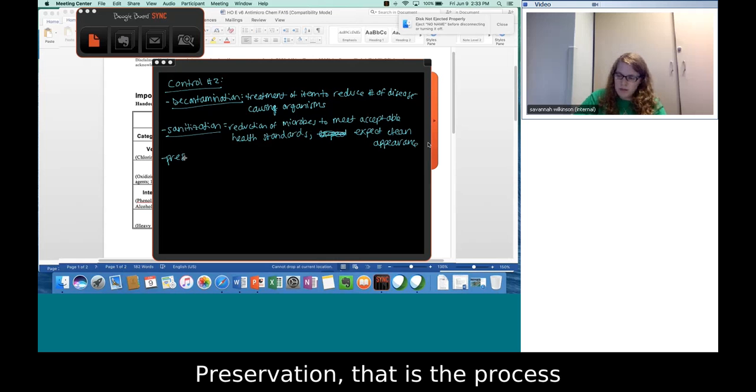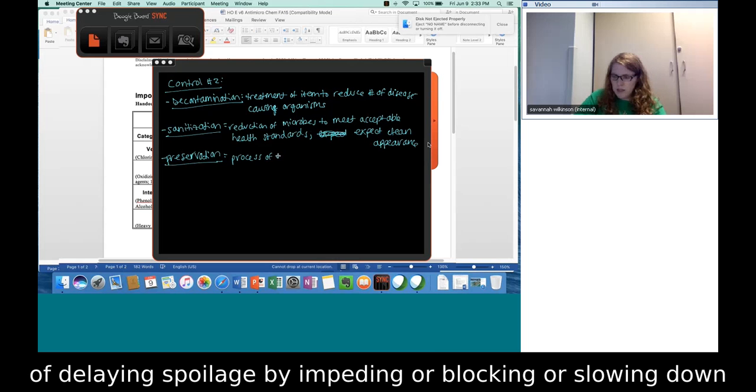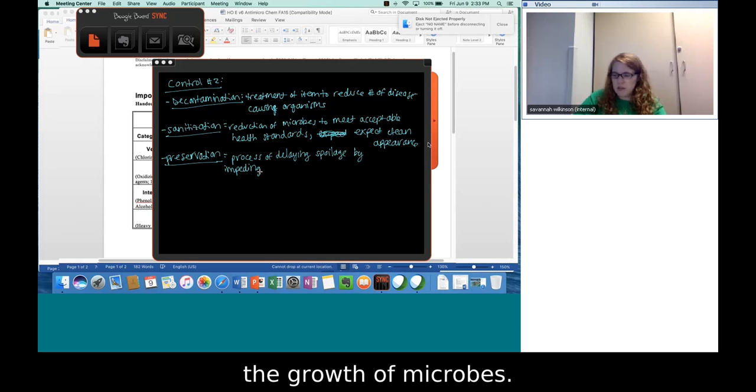Then preservation. It is the process of delaying spoilage by impeding or blocking or slowing down the growth of microbes.